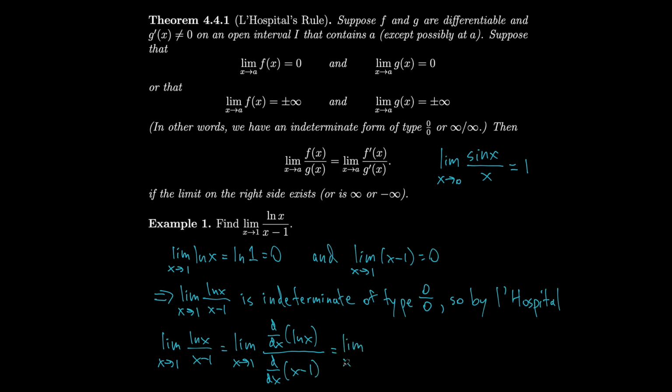So that's just the limit of 1 over x over 1, which is the limit of 1 over x. At this point, we can plug in 1 because it's continuous in its domain, and we get that it equals 1.